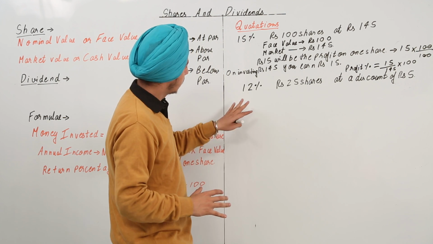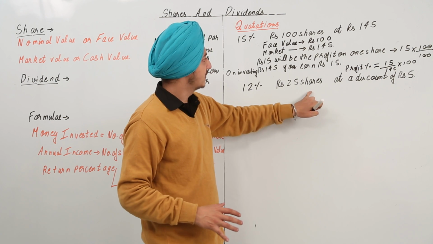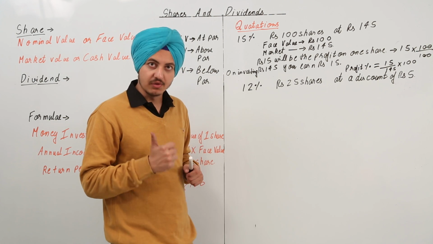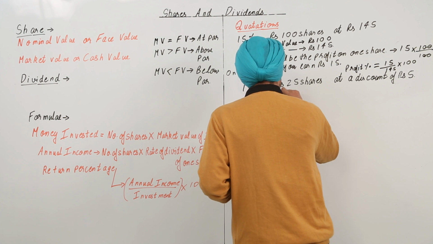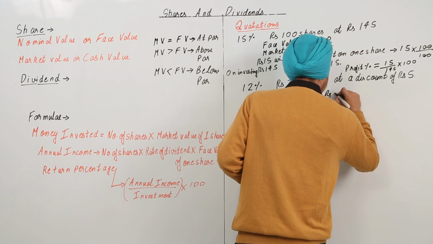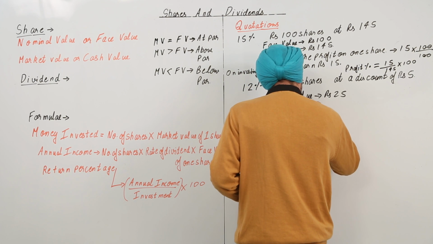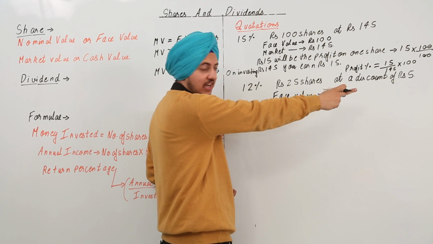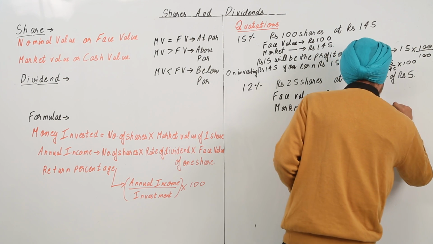Now another example: 12% of rupees 25 shares at a discount of rupees 5. It is given that the discount is rupees 5. Rupees 25 share means the face value is rupees 25. The market value is rupees 25 minus 5, the discount, which equals rupees 20.